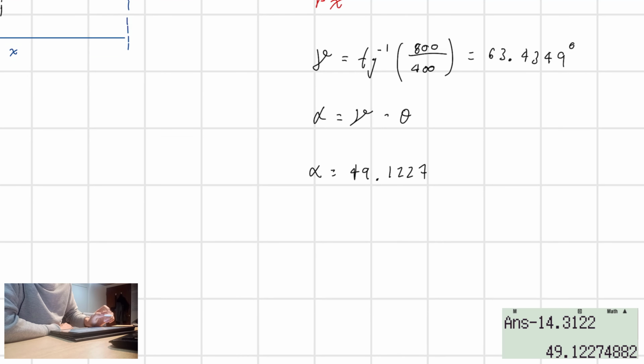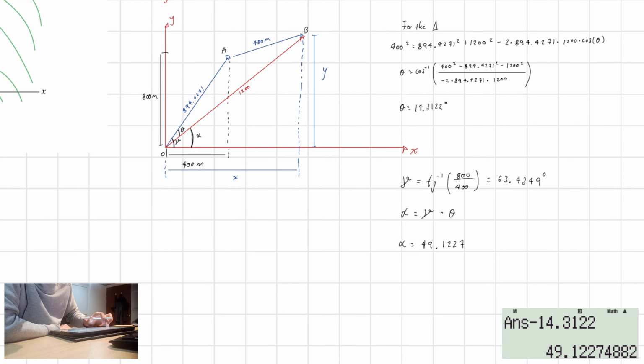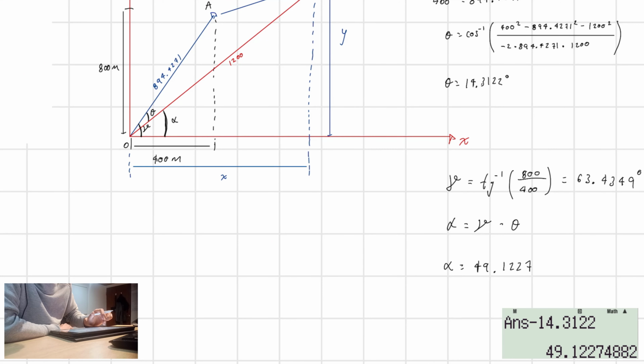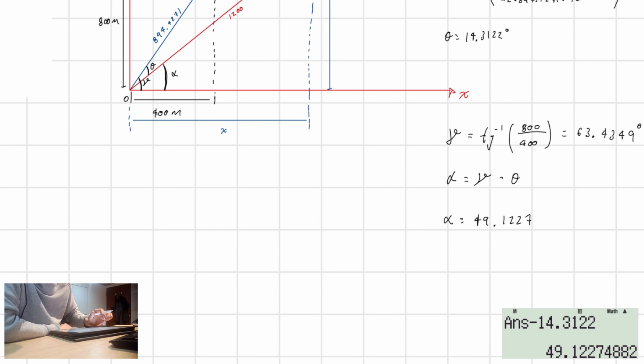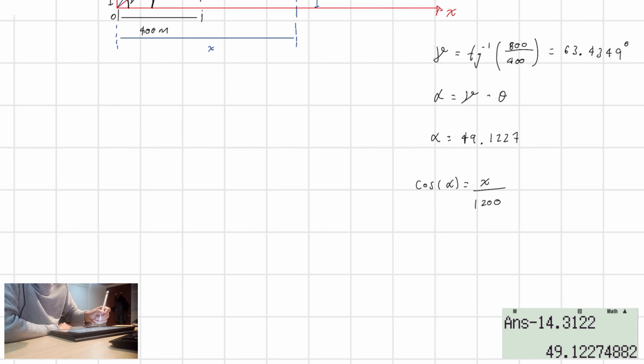Alright, now that we have our angle, all we have to do is use the sine and the cosine of the angle. Now, the cosine of alpha is going to be equal to x divided by 1200, which is the hypotenuse.